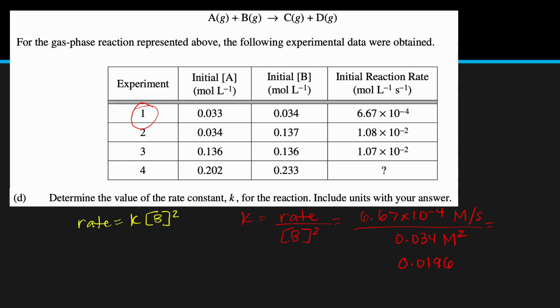So we end up getting 0.0196, and we can see that one of our molarities is canceled out, so we're only left with one molarity in the denominator. So that means we have M to the negative first times seconds to the negative first, and that is our value for K.